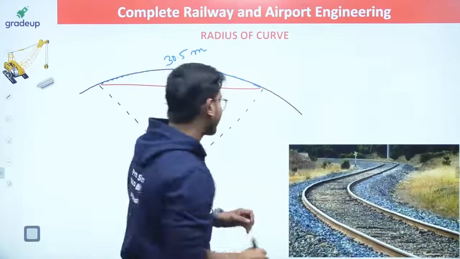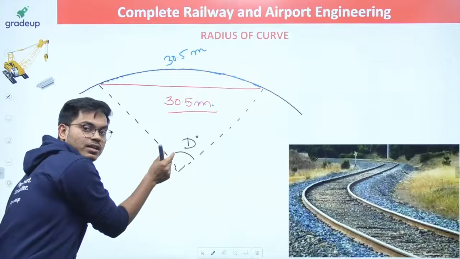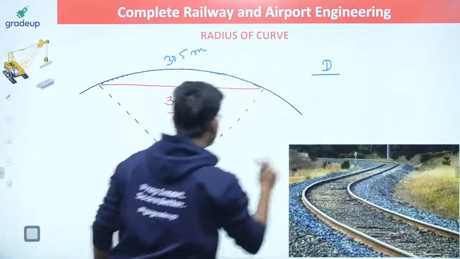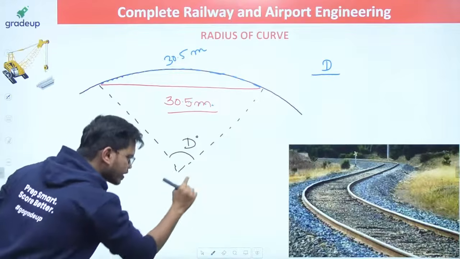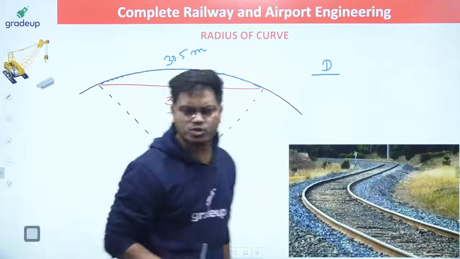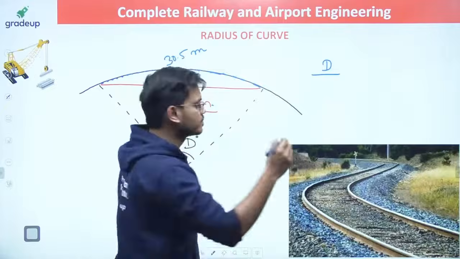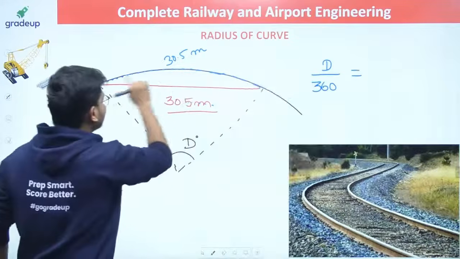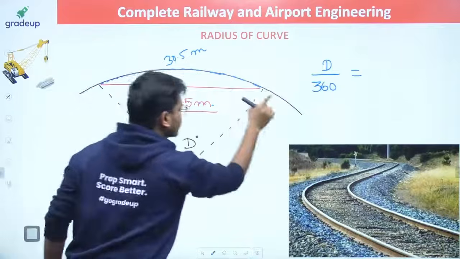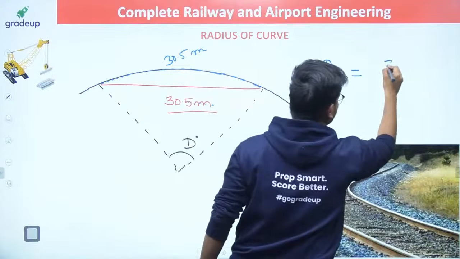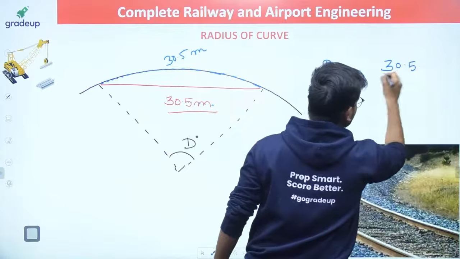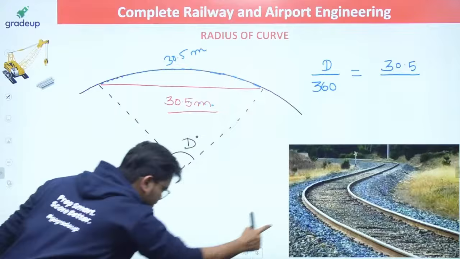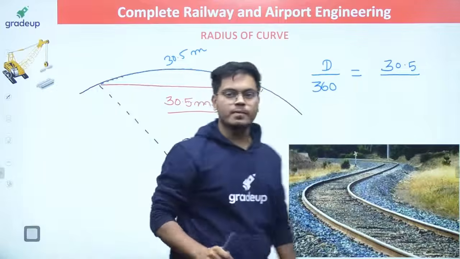How? So guys, this small angle, which I am calling degree, divided by the total angle, what is this total angle, everybody? 360. D degree by 360 equals this particular arc length, which is 30.5, divided by the complete circumference of this circle. Everybody, respond in the comment box: what is the complete circumference of this circle?